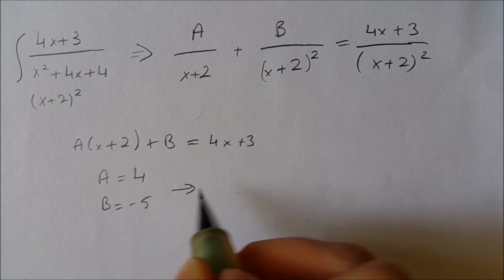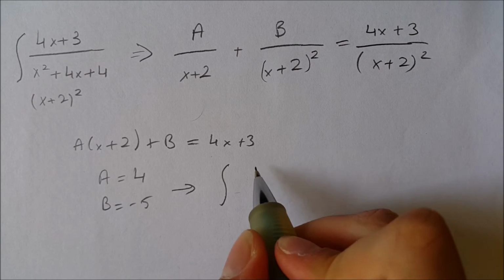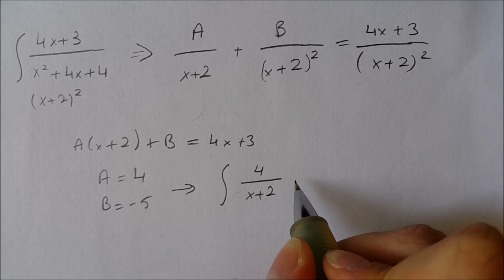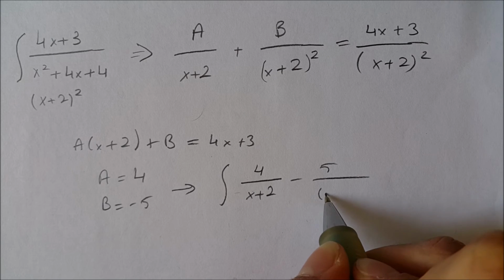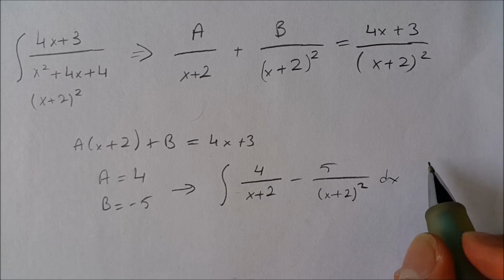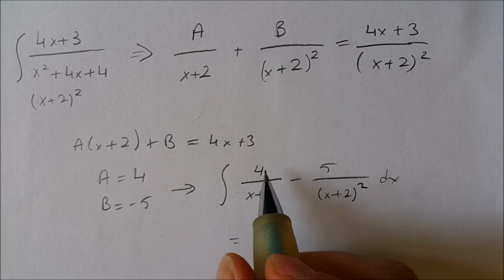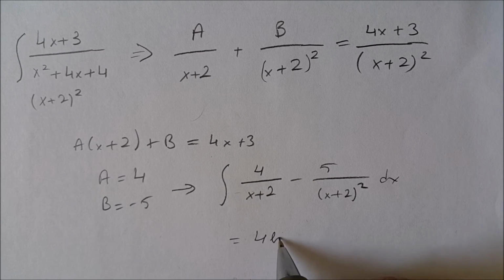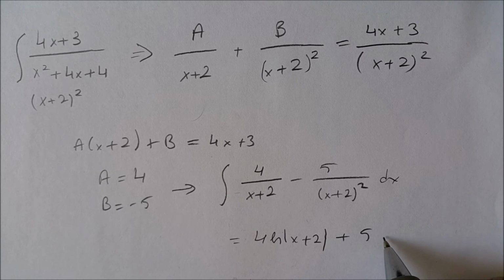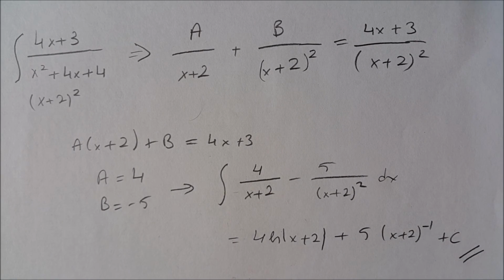So then we write our equation as the integral of 4 over x plus 2 minus 5 over x plus 2 squared dx, which is now equal to this part, 4 ln x plus 2 plus 5 times x plus 2 to the negative 1 plus C. This is how you solve with the partial fractions method.